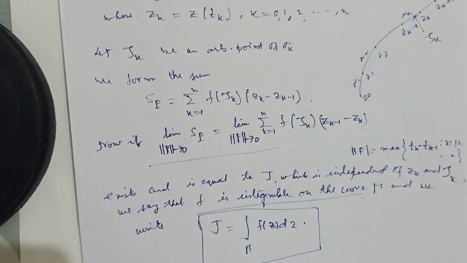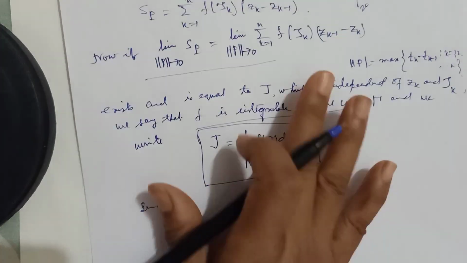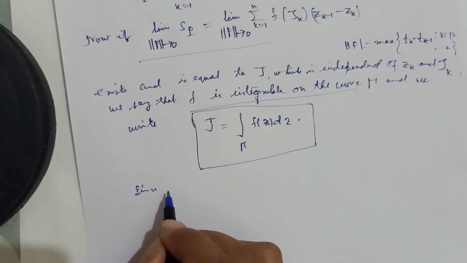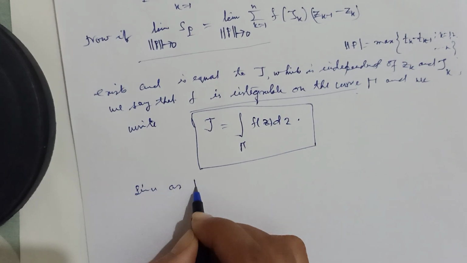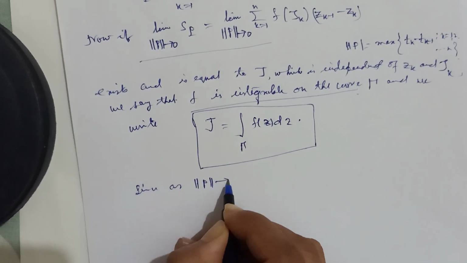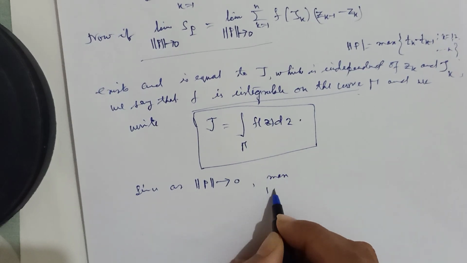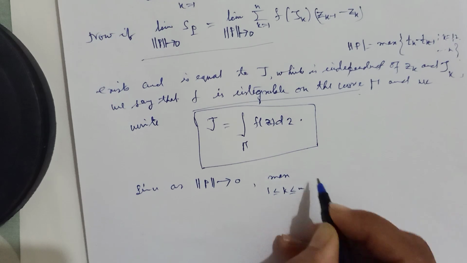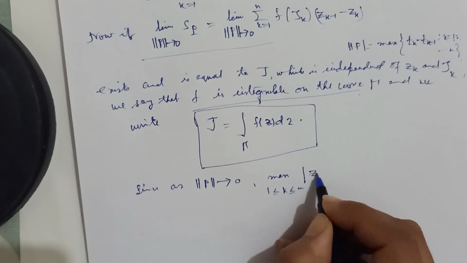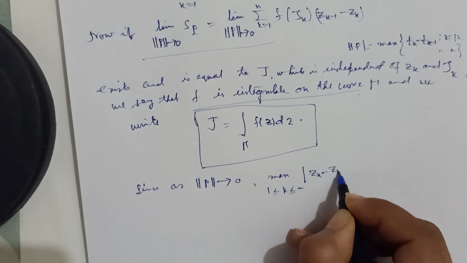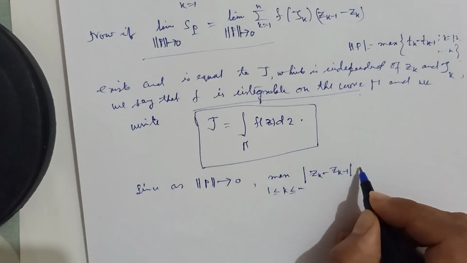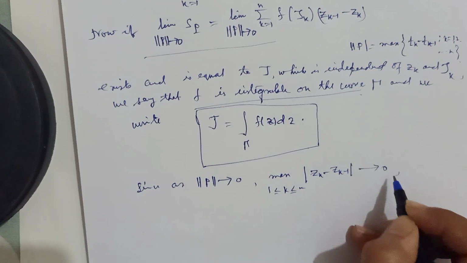Now as norm p tends to 0, the maximum over 1 less than or equal to k less than or equal to n of mod of zk minus zk minus 1 tends to 0.